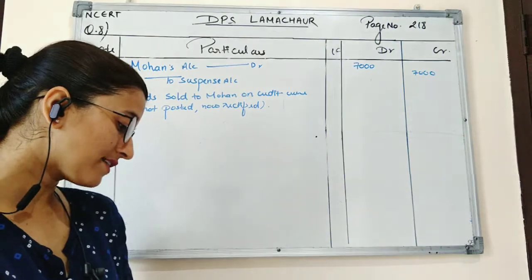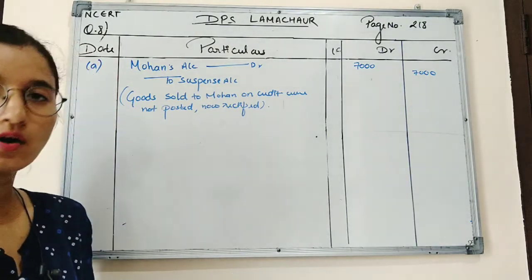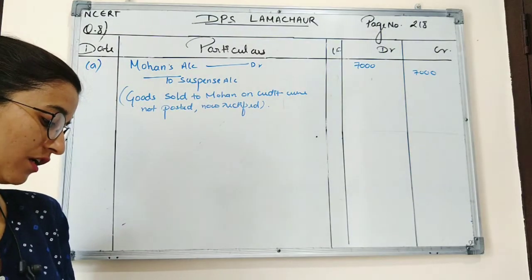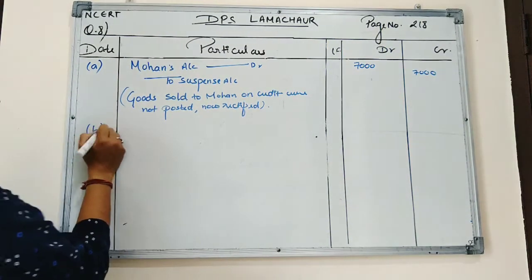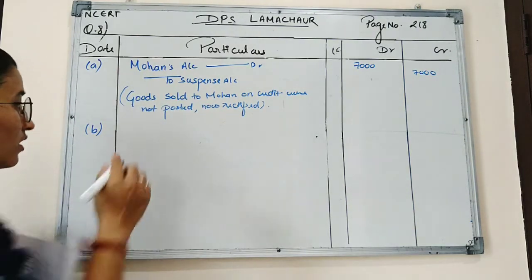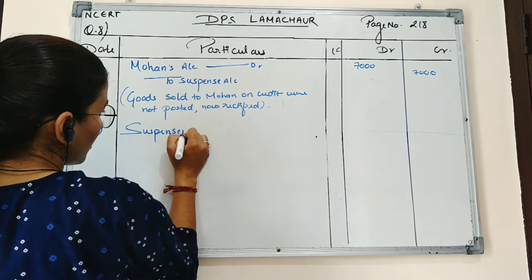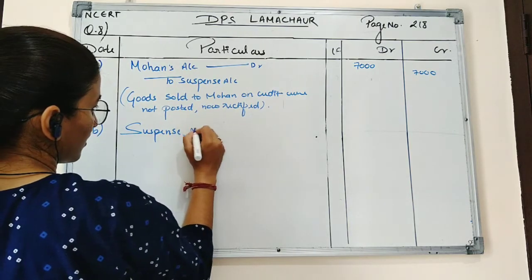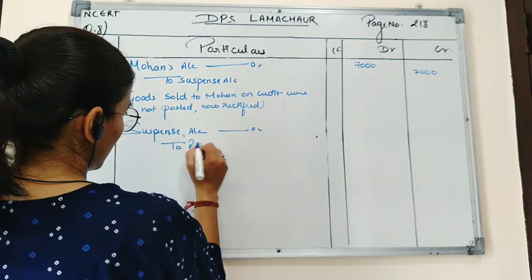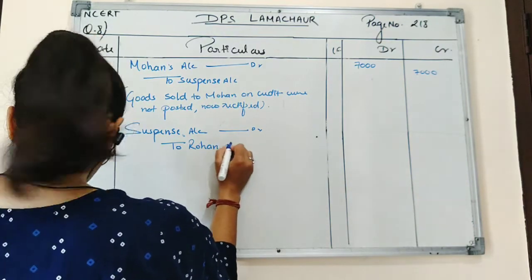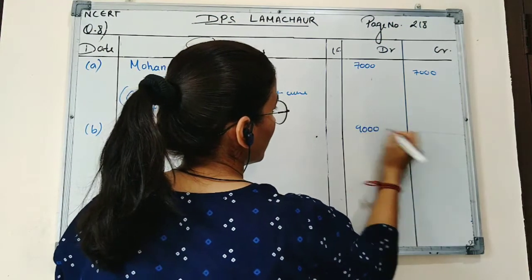Now the second transaction is credit purchases from Rohan rupees 9,000 were not posted. So here we will pass this entry for this transaction as suspense account debit to Rohan account, and the amount is 9,000.